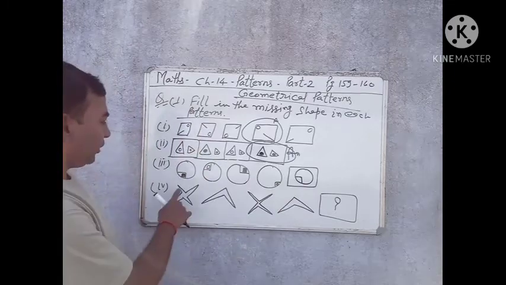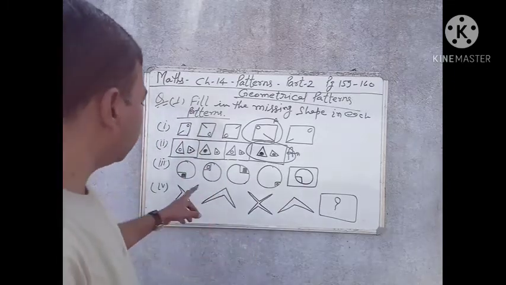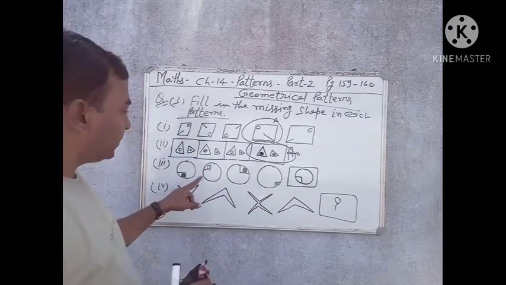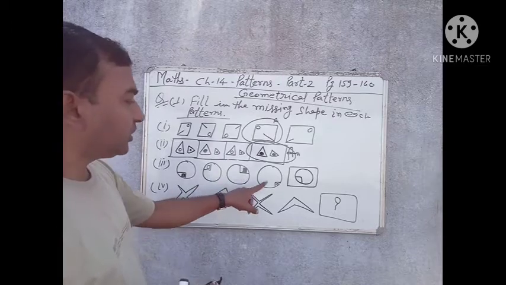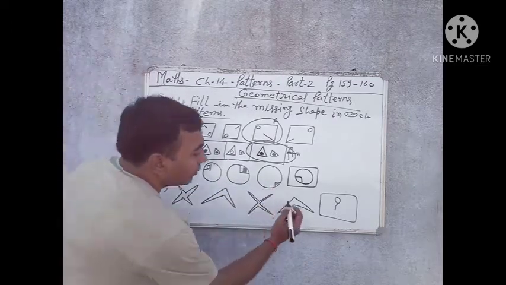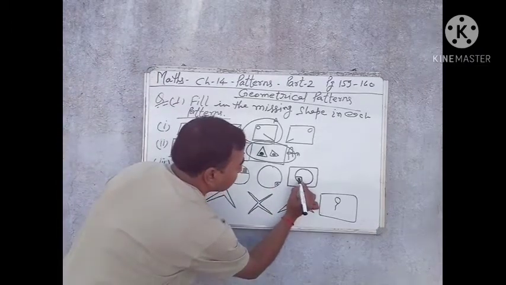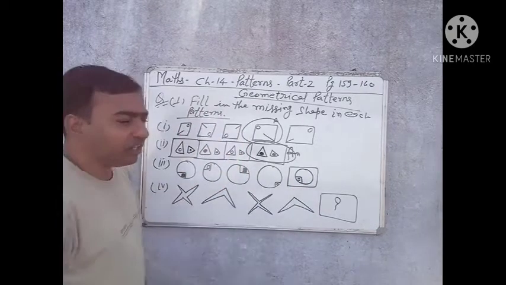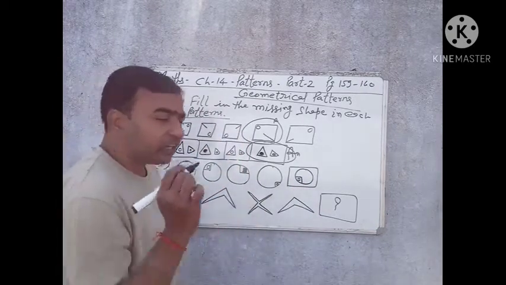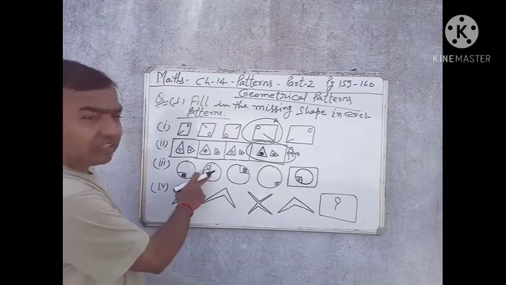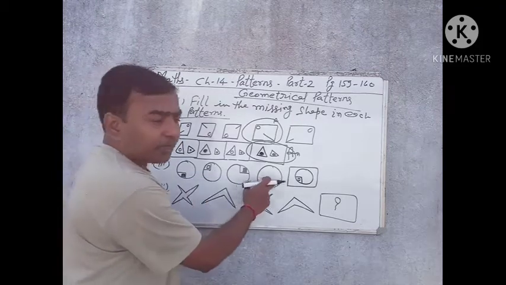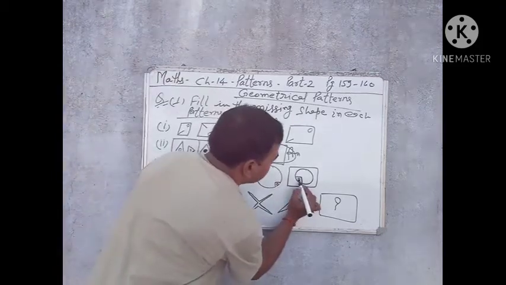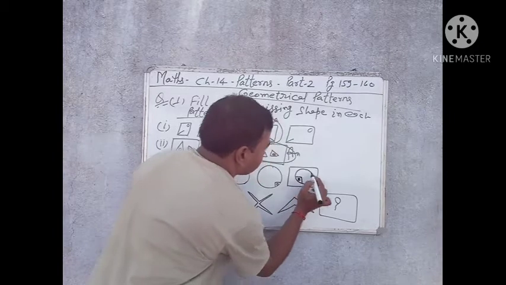Now come to the square: dark, empty, dark, empty. When we draw a square inside the minor segment, it will be dark, because the order is dark, empty, dark, empty, dark. So this is our answer.